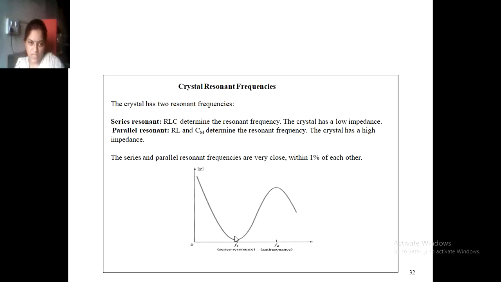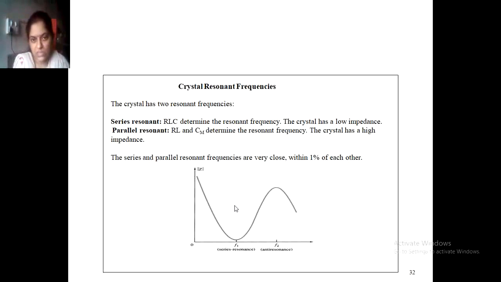While in parallel resonance, when it generates the high frequency, the impedance goes on increasing. That is the difference between series resonant and parallel resonant.